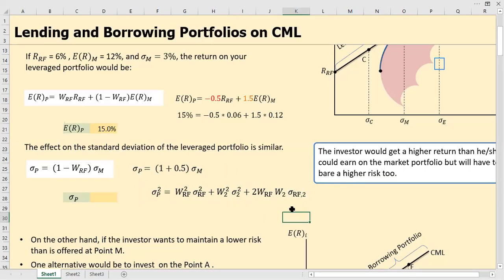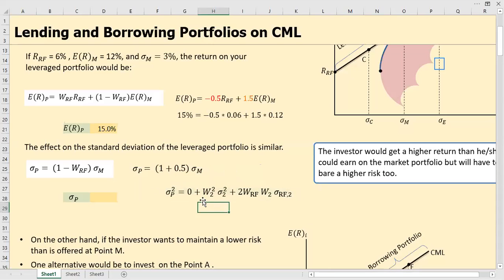So according to this formula, you get the weight of the RF multiplied by the weight of the RF multiplied by the variance, or the power 2 of the standard deviation. Since the standard deviation of the risk-free rate is equal to 0, the variance is also equal to 0. So this whole part is going to be equal to 0, because something multiplied by 0 is also equal to 0. I am going to put 0 here, right?